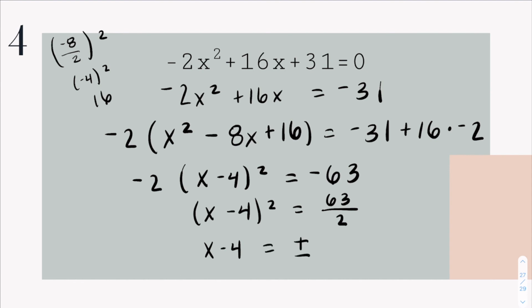And we know that if we take the square root of 63 over 2, we're taking the square root of 63 over the square root of 2, which means we need to multiply both our numerator and our denominator by √2, because we can't leave our square root in the denominator. So then that gives us the square root of 126 over 2.